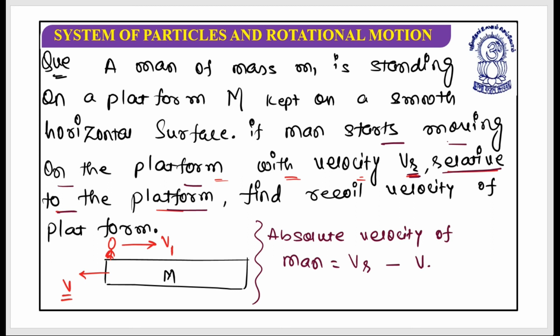As the person is moving in the positive x direction, the platform is moving in the negative x direction. So the platform has a velocity v in the negative x direction, while the person has a velocity in the positive x direction, and the velocity of the man that I have denoted as v1 could be written as vr minus v. I hope this is clear.